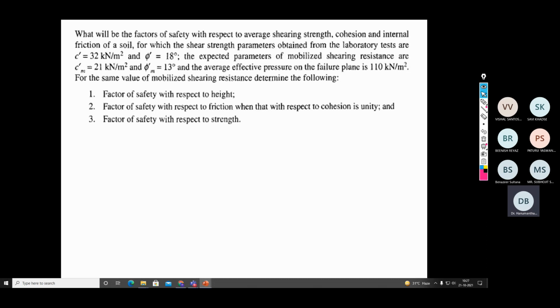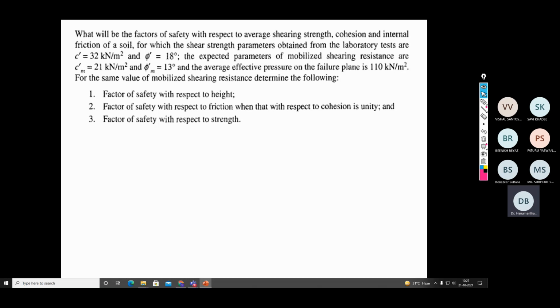The expected parameters of mobilized shearing resistance are C dash m 21 kilopascals and phi dash m 13 degrees, and the average effective pressure on the failure plane is 110 kilopascals. For the same value of mobilized shearing resistance, determine the factor of safety with respect to height, the factor of safety with respect to friction when that with respect to cohesion is unity, and the factor of safety with respect to the strength.